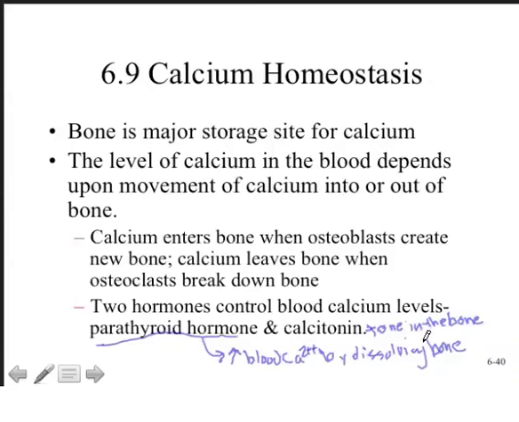And in case you're wondering, the parathyroid gland is located on the back of the thyroid gland, which is located right in front of your larynx, just a little bit below where the Adam's apple is in men. And there's usually between 2 to 4 parathyroid glands per individual.